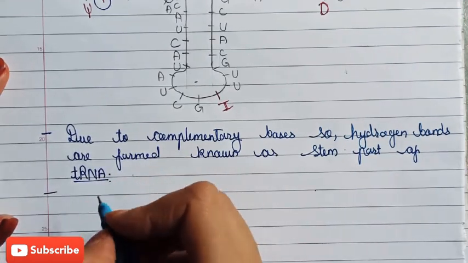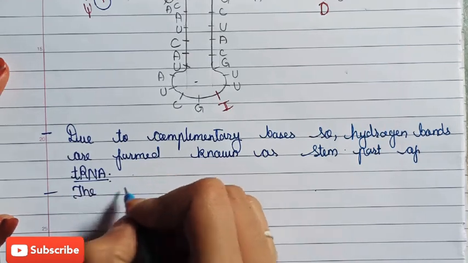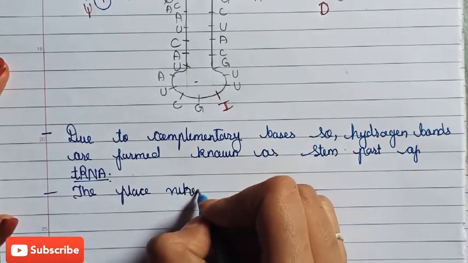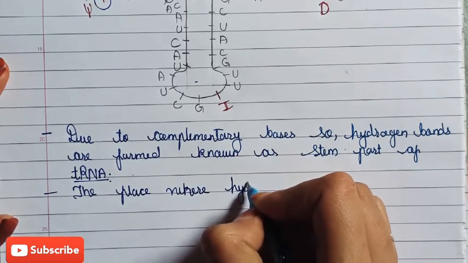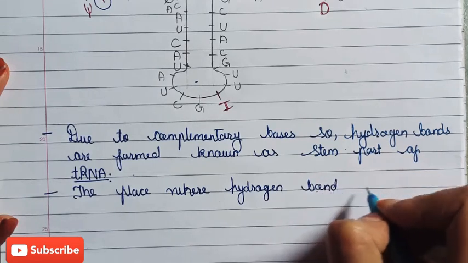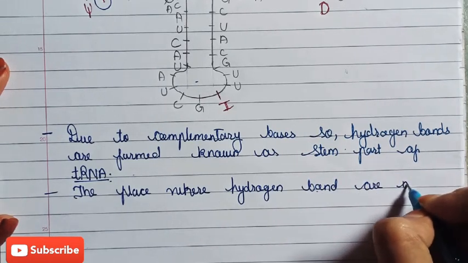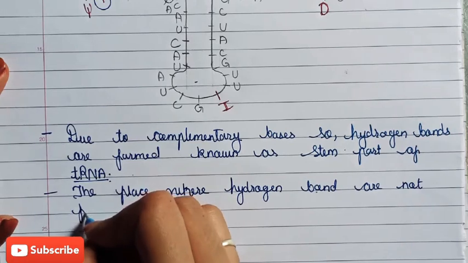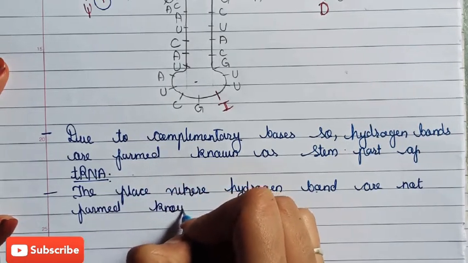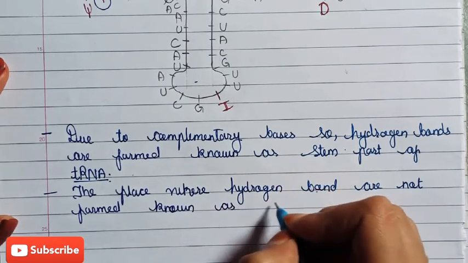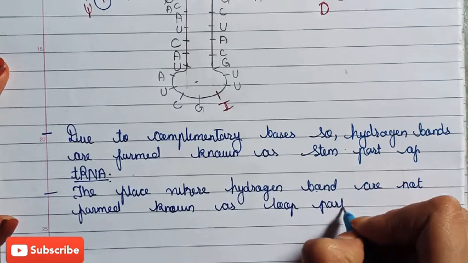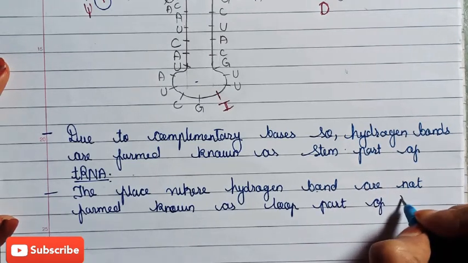And the place where hydrogen bonds are not formed is known as the loop part of tRNA.